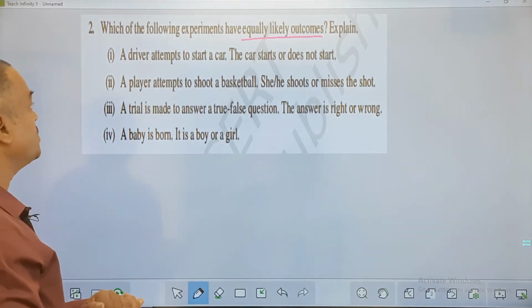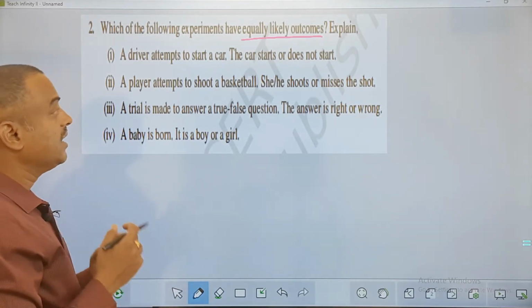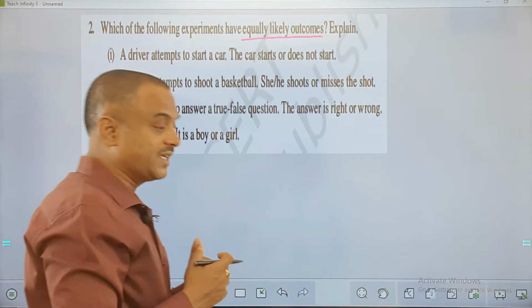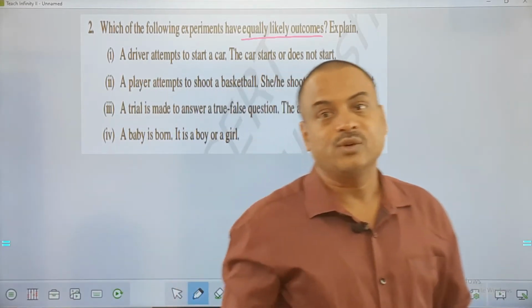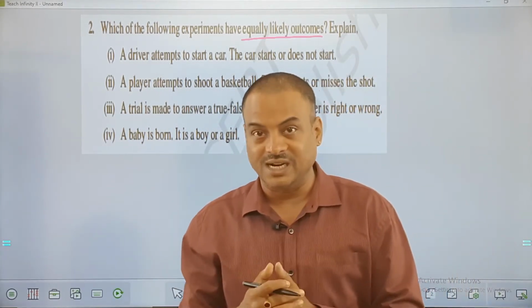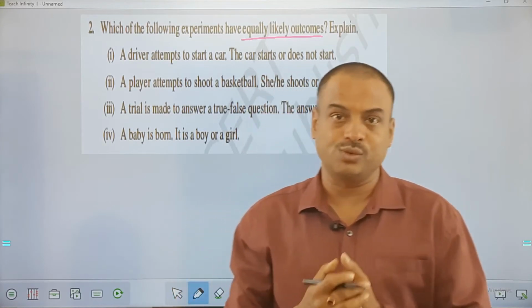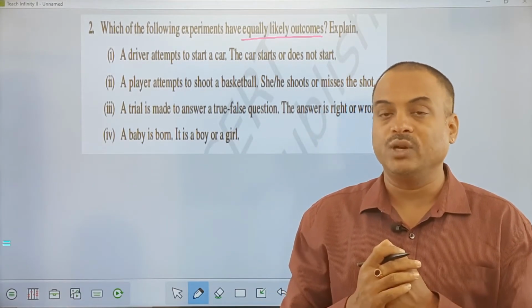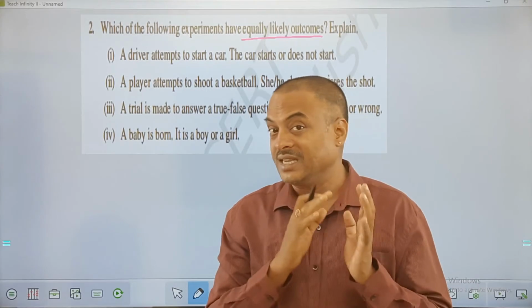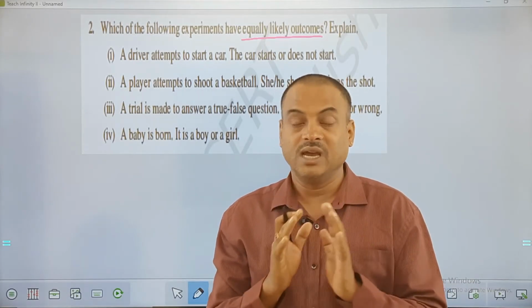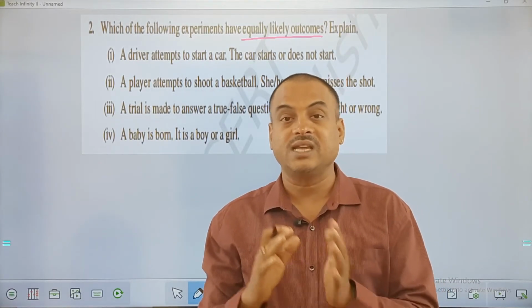Here the first question: a driver attempts to start a car, the car starts or does not start. Now you may think, yes, it may start or it may not start, but there can be other things also. Majority of the time our cars usually start; not starting is a rare case.